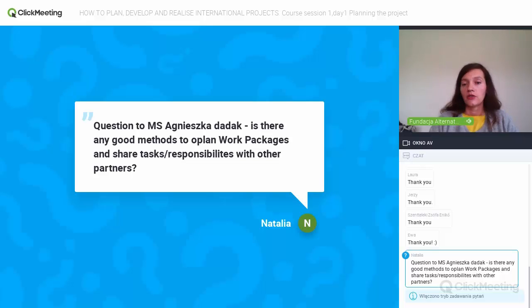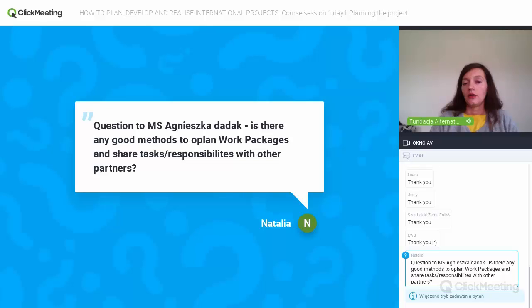So the work package could be, for example, designing a research. It could be doing some interviews. It could be designing some training program. It could be planning and delivering some exhibition or so.